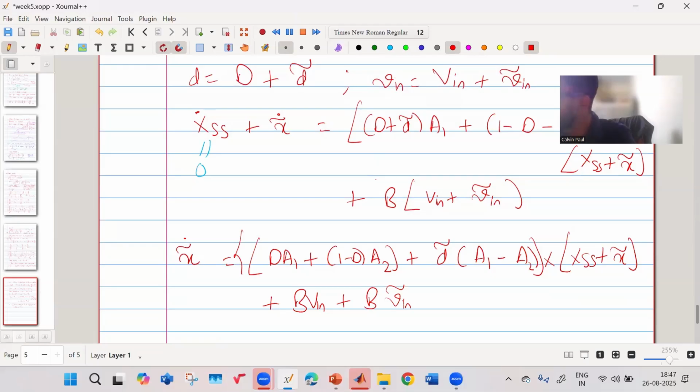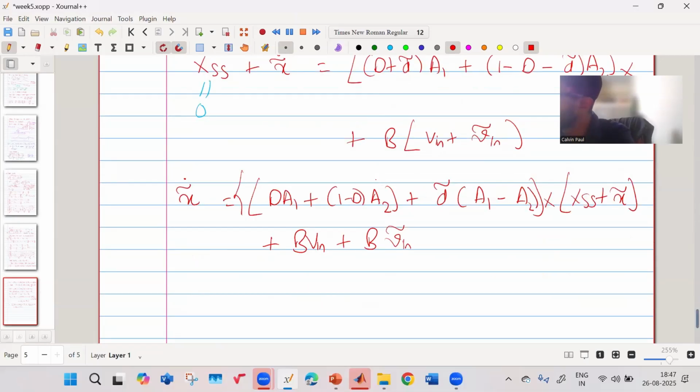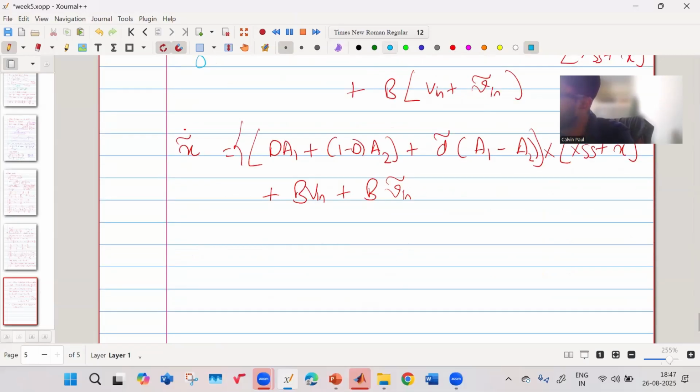Now what we have to do is expand this. So what do we have?